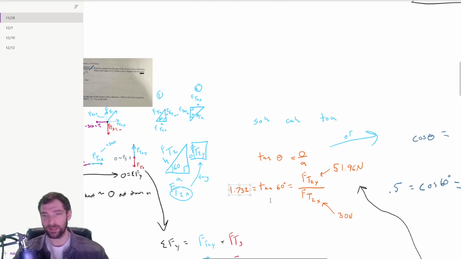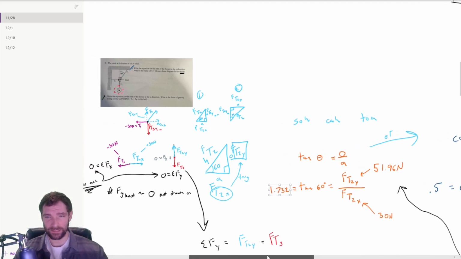So if you have some context, you can double check these numbers and then ask yourself, hey, does 50 seem like a reasonable length right here, given that this is a 60-degree angle and this is 30 right here. And so you can do a little bit of double checking using that. But you have to have a good drawing of the trig, and I would definitely recommend doing this as well.